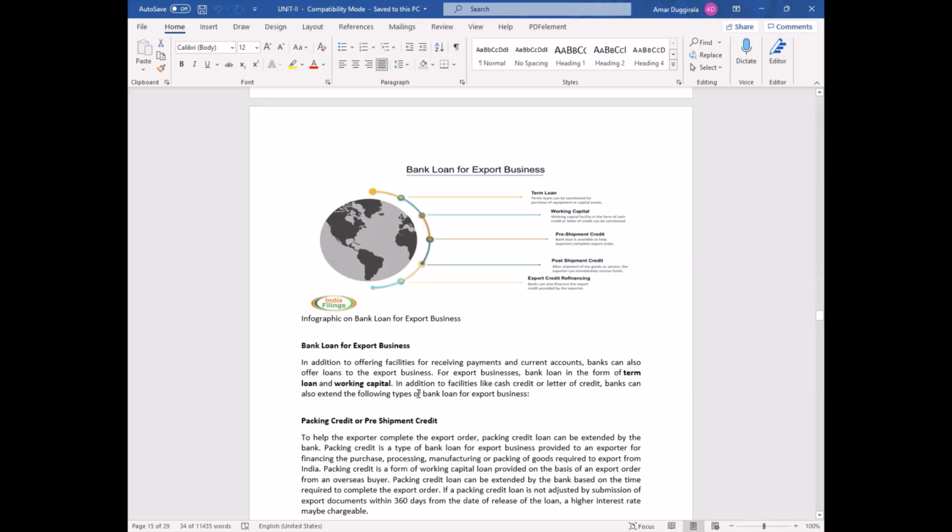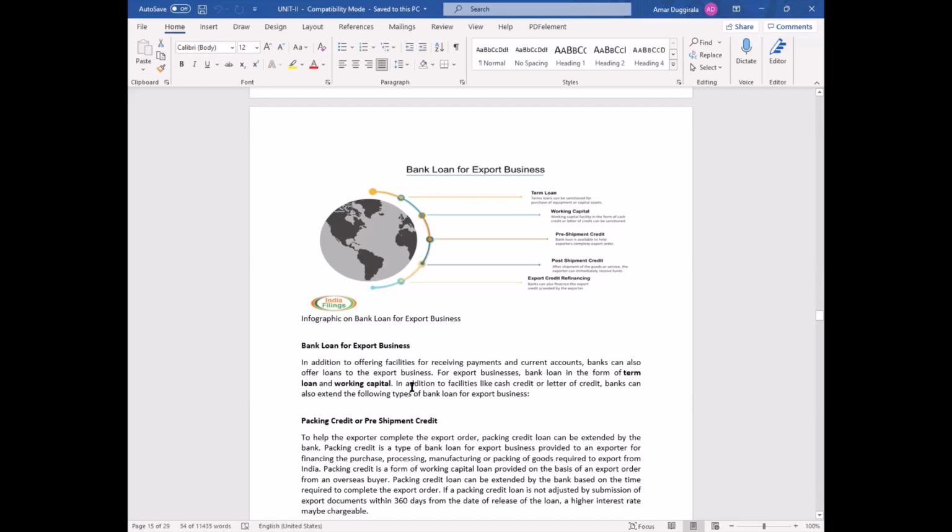And we all are aware that the government is vehemently proposing and promoting the Make in India scheme, where they're calling for even foreign companies to come to India, establish their plants, and start working on manufacturing and export from here. You come here, manufacture here, and sell outside. Give employment to our people. Give an opportunity to our people to show their skills and go ahead, being the youngest country in the world. So this is what is bank loan for export business.